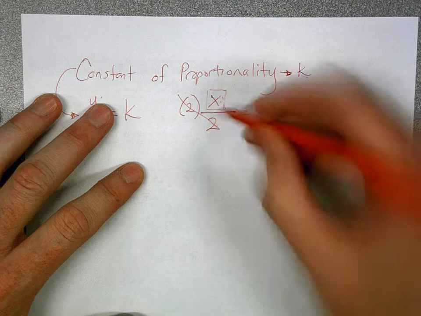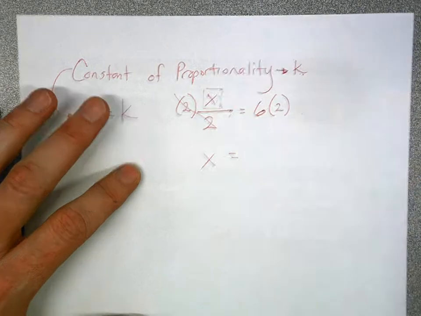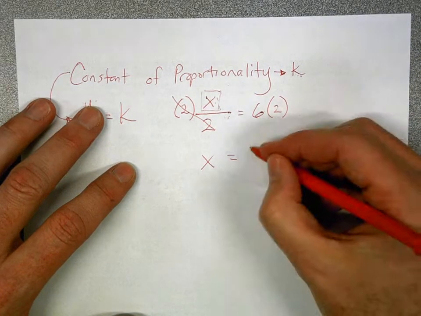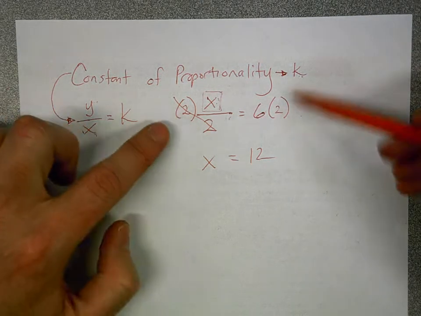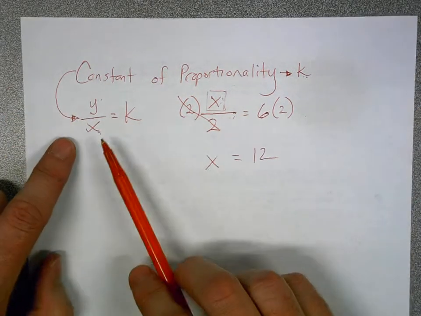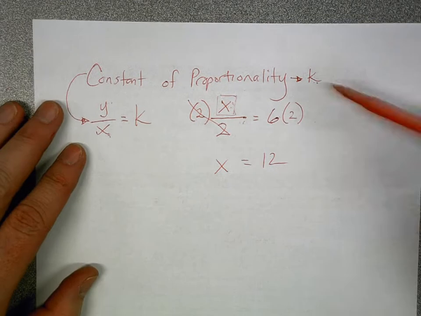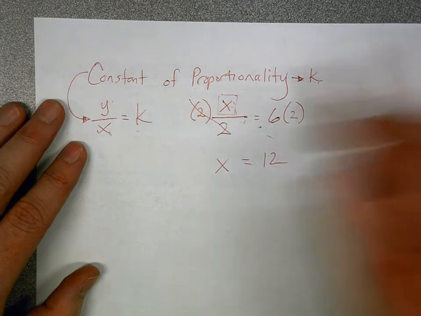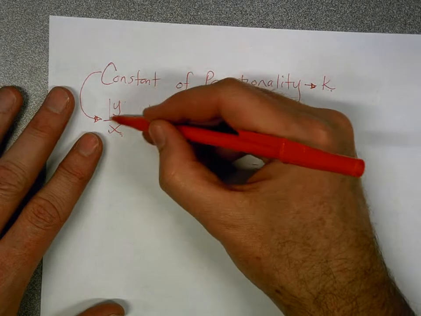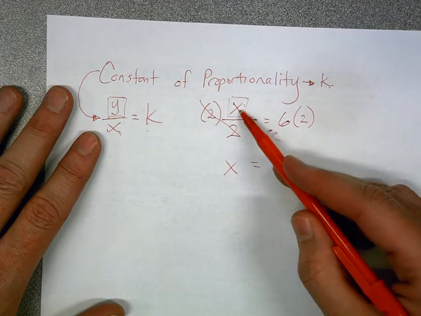We end up with x, and then right here you'd say 6 times 2 is 12, and you'd have your answer. Now, just because we have a bunch of letters over here, or variables, doesn't mean that we would treat it any different than we do over here. So watch. Let's say I wanted to get y by itself, just like I wanted to get this top number here, the x.